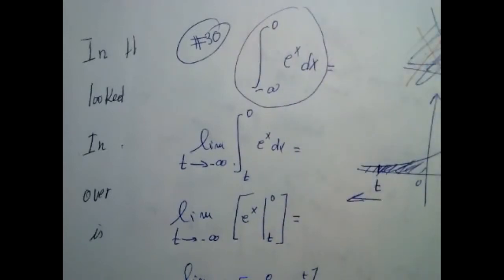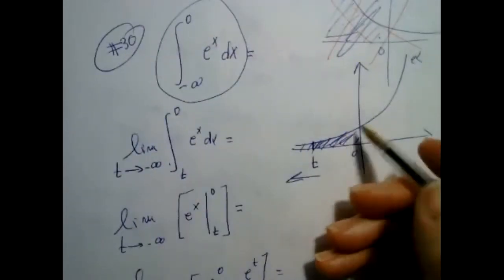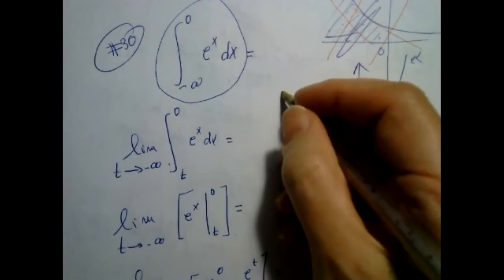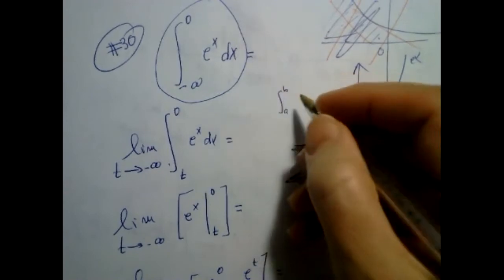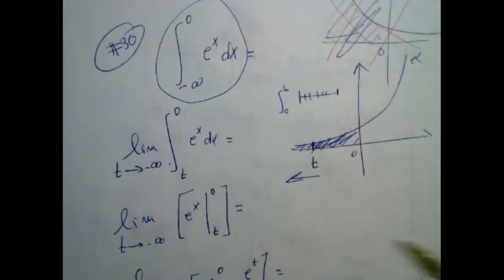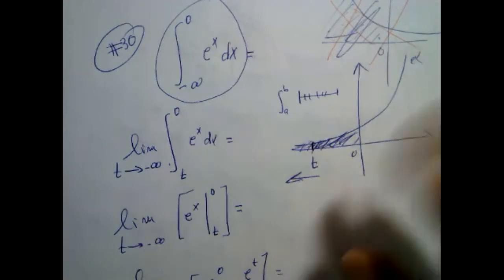So the interval is infinite, and then the problem comes: what do we mean by integrating over an infinite interval? It doesn't make sense, because the Riemann sum, which is the definition of the definite integral, you take your interval and you split it, and that doesn't work from minus infinity to 0. This area is quote unquote infinite.